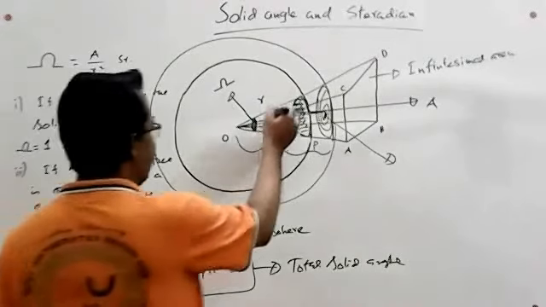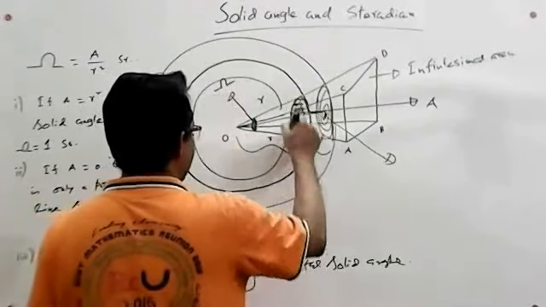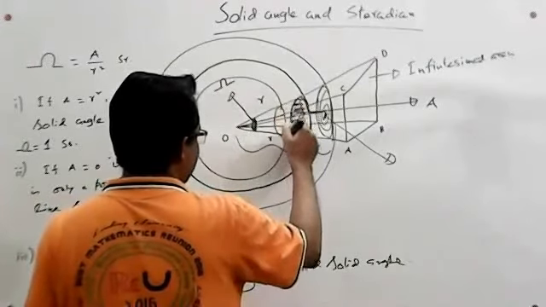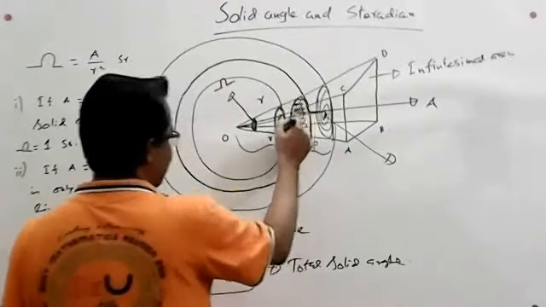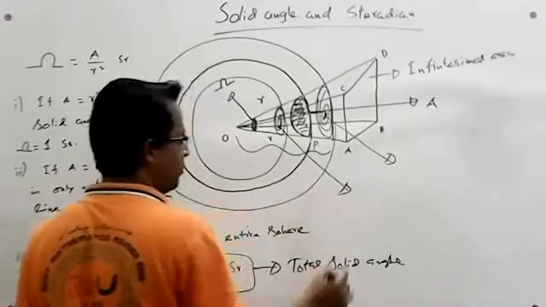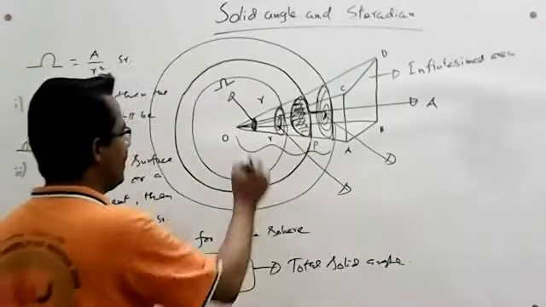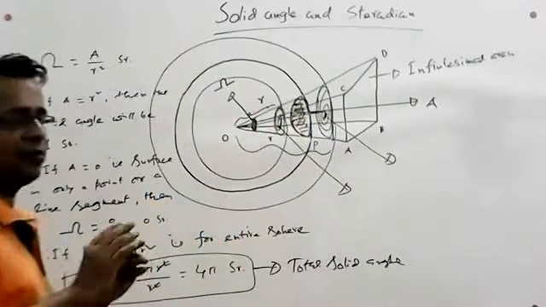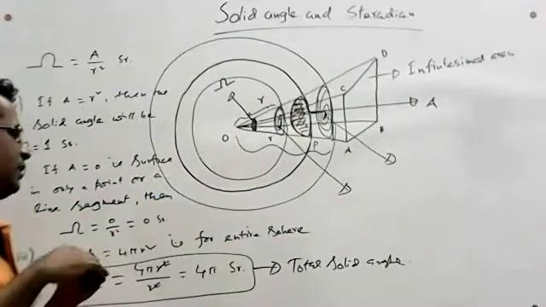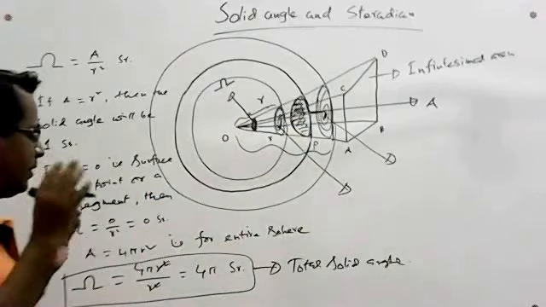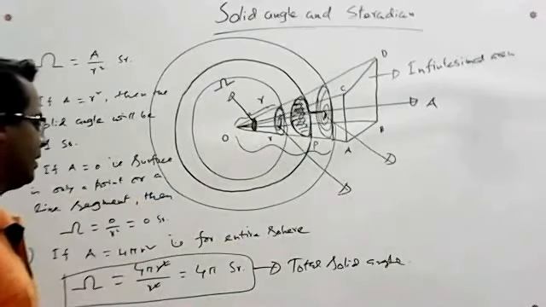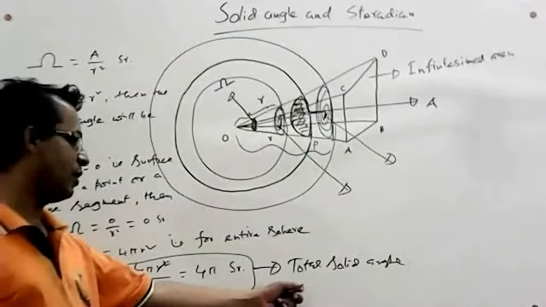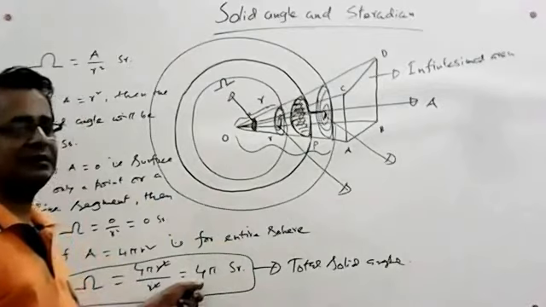And if you consider a smaller sphere, then the surface will be created here. In that case, the amount of this surface will be decreased, and the radius will also be decreased. So this proportion will be the same. For every sphere, the total central solid angle will be 4 pi steradian.